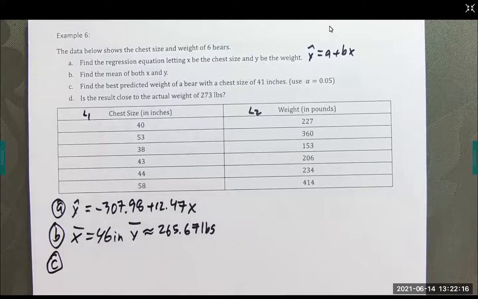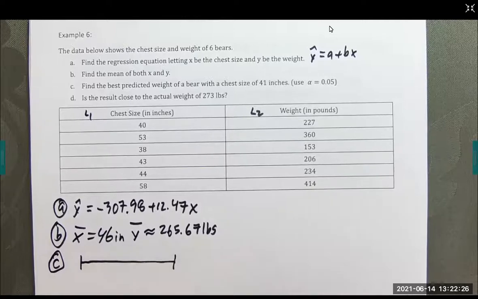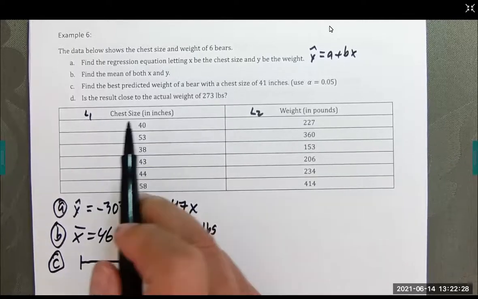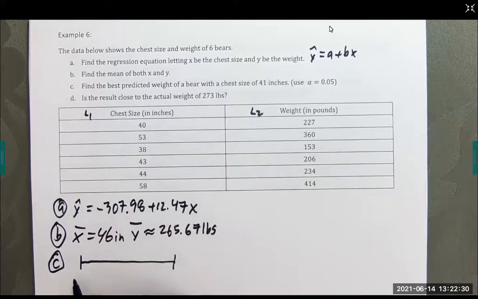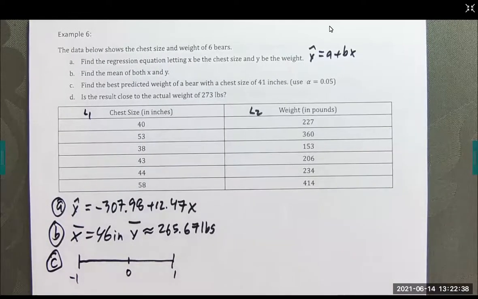Find the best predicted weight of a bear with a chest size of 41 inches. And we're going to use alpha of 0.05. So let's see what we got here. N is 6 in this case, right? 6 bears. We have 0.05. Let's go to our table here.